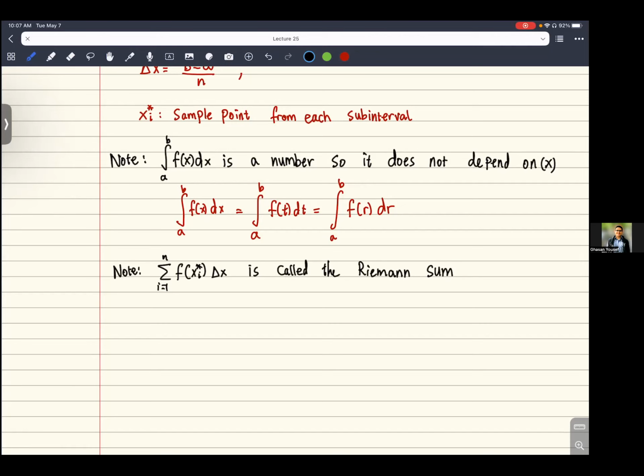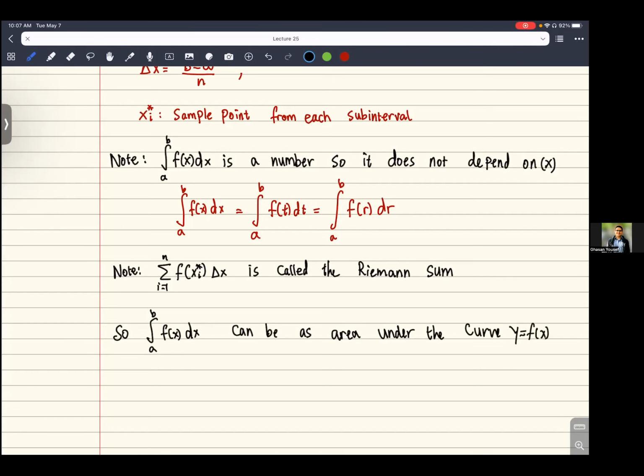So again, the integral from a to b of the function f of x dx can be seen as the area, like I said, under the curve y equals f of x.